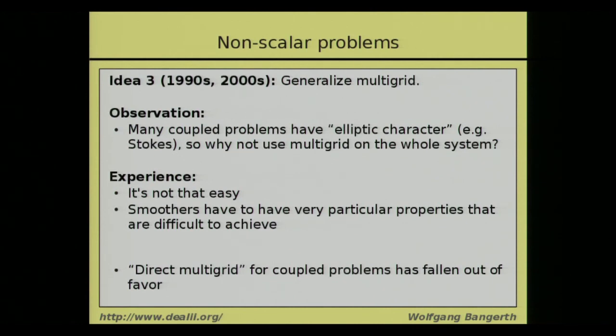Now, it turns out that the experience is that it's not quite that easy. The fundamental problem is that multigrid consists of two components. It has the smoothing component, and then it has the grid transfer from fine to coarse and from coarse to fine.